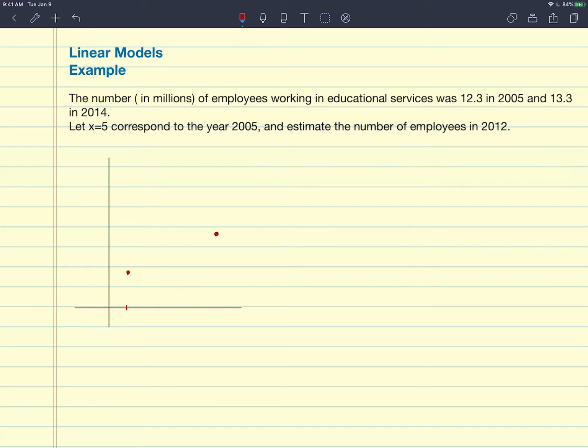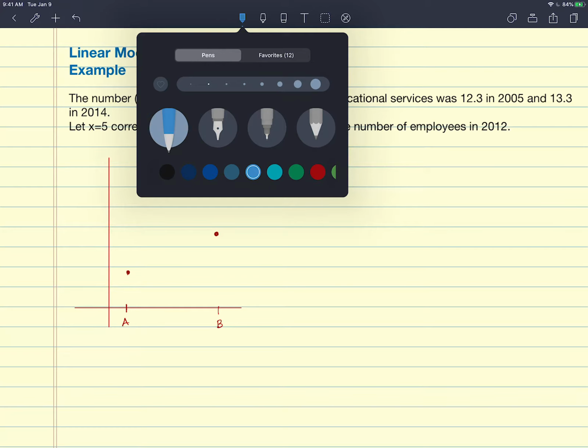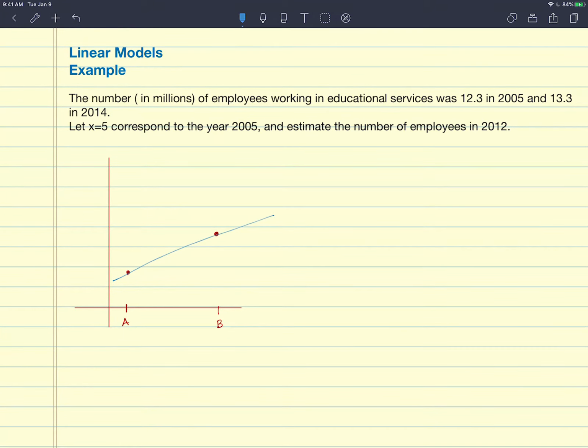This point is going to correspond to year A, this is going to correspond to year B. And then we're going to find the equation of a line that goes through those 2 points, and use it to find the value at another point. So the 2 red points were data that are given, and then we can find the equation of the blue line, and then we can use the equation of the line to predict the value in a different year, or maybe in a year between them. Okay, so that's the idea right here.